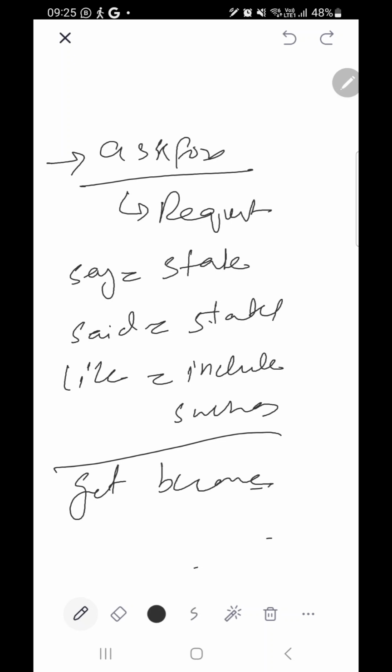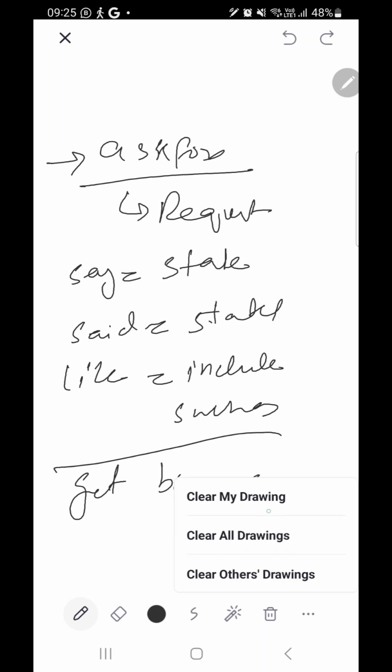So these are a few things that I have given as an example for you. Okay, so remember that this is a language exam, so it is important for you to understand which things to be used and which things not to use.